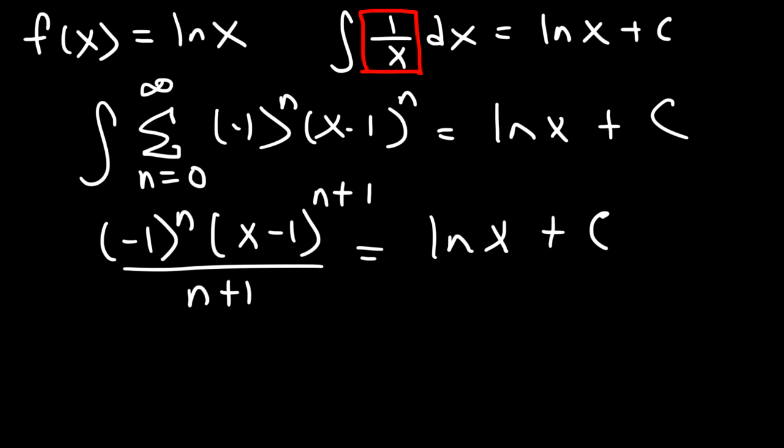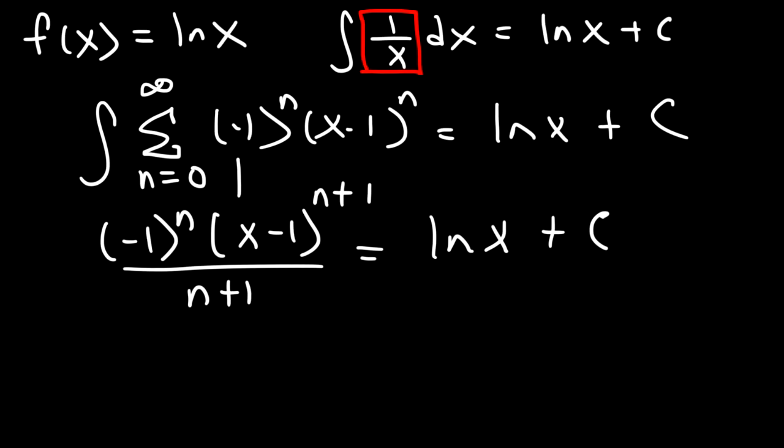Now the next thing we need to do is calculate the value of c. So what is c equal to? How can we find it? What we need to do is plug in some value into this expression. So what value of x will be convenient to use?